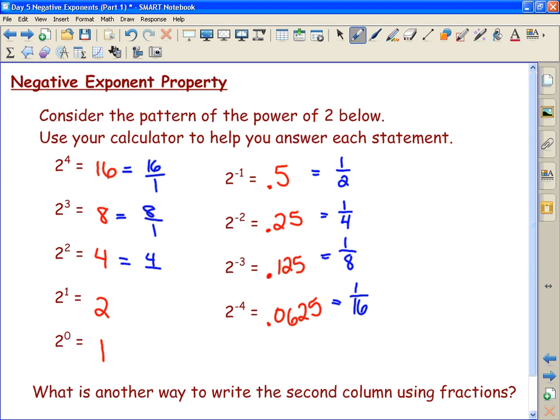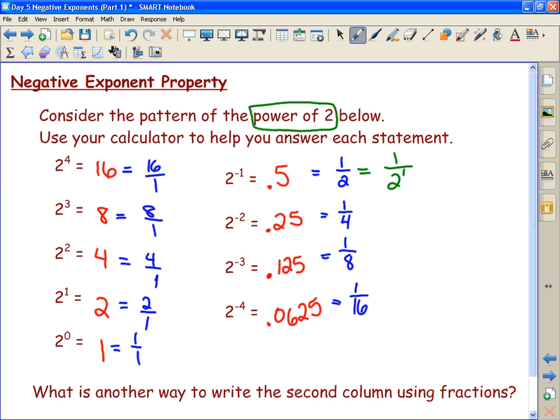But now this isn't helping me. It's sort of helping me see a pattern, but I'm supposed to see a pattern with powers, and I'm not. So let's see. Maybe there's a way that I could write 1/2 using powers. Well, remember, I want it to have a power of 2, so I'm going to have 1/2 to the first power. 2 to the first power gives me a 2 in the denominator.